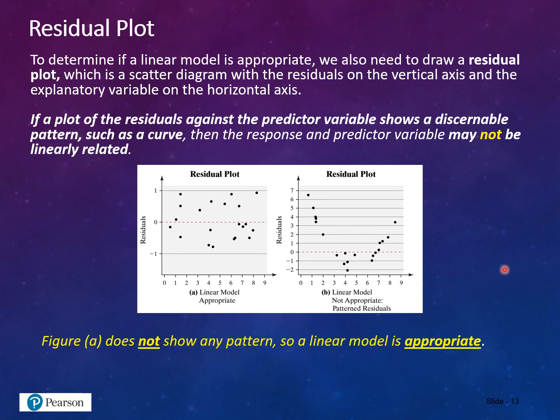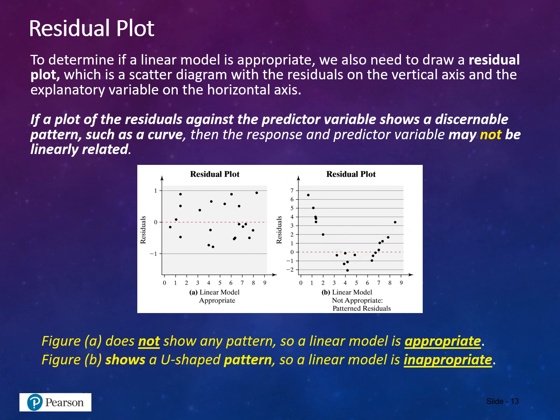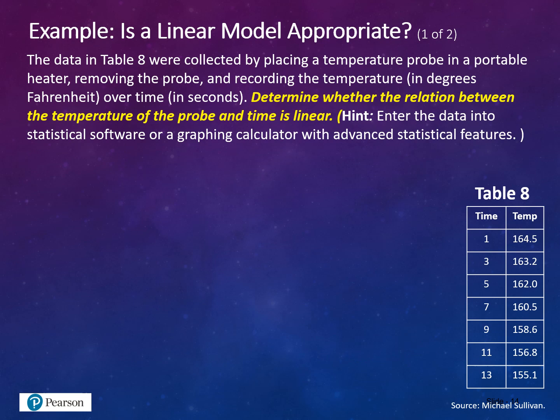Well, the first diagram shows no pattern. It really literally is a scatter again. So a linear model is appropriate for this absence of pattern, for this data. On the second graph, it looks roughly like some kind of shape or curve going through as x increases. So in this case, because there's a U-shaped pattern, or a pattern at all, the linear model is inappropriate.